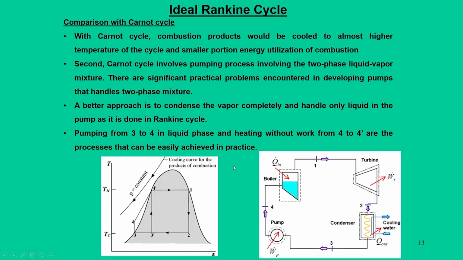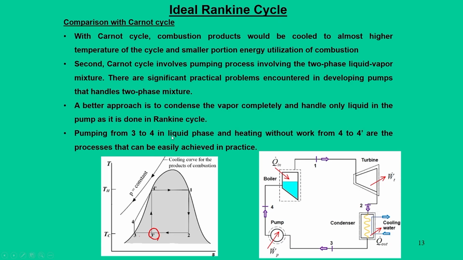Another issue is that the Carnot cycle does not have the flexibility to use single phase systems, which means state 3 dash in a Carnot cycle is in the liquid vapor region. We need to establish the quality of the working fluid at state 3 dash, but this issue can be resolved by moving 3 dash to 3, because the state at 3 is known as a saturated liquid. So, this allows us to condense the vapor completely and handle only liquid, as is done in the Rankine cycle.